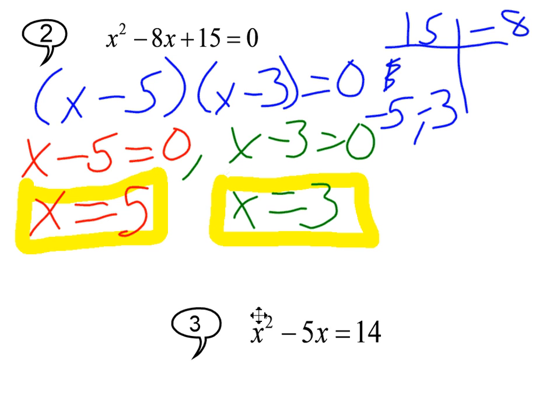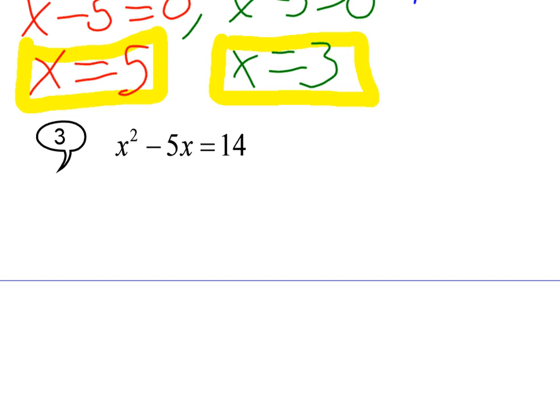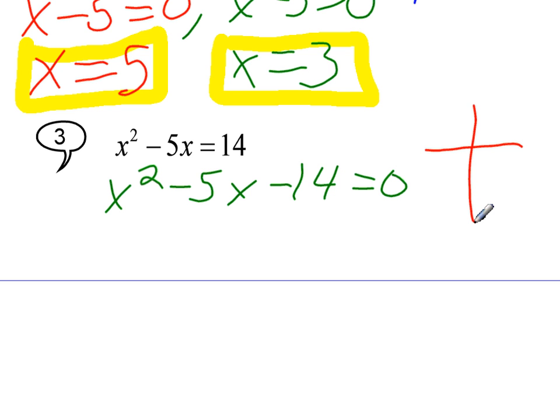Problem number 3. First I'm going to subtract 14 from both sides. This has no GCF. It's easy AC because it has 3 terms and the leading coefficient is positive 1. I'm looking for factors of negative 14 whose sum is negative 5.